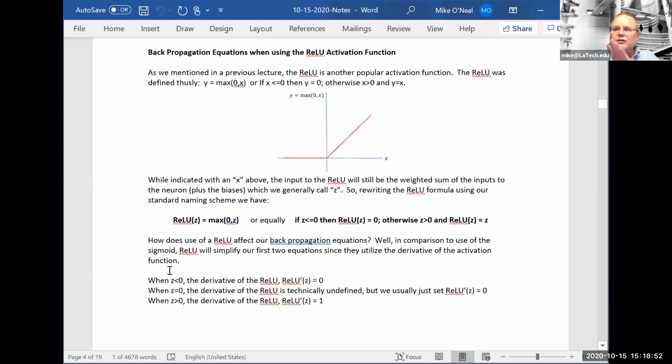It's the weights times the inputs plus the biases. If that's less than 0, then the derivative of the ReLU is just going to be 0. Now, technically at 0, this puppy would be undefined at that one point. There is no slope at this inflection point, but we just say 0, and that makes everybody happy.